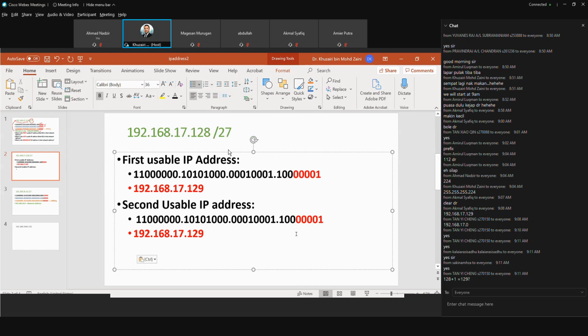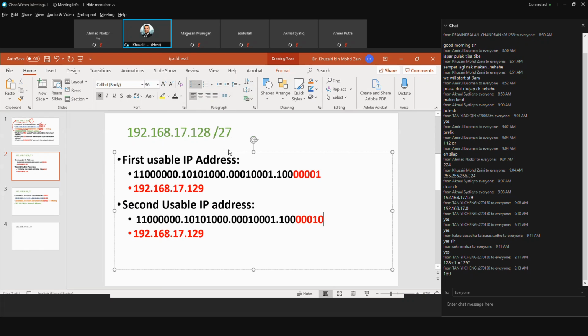Second usable IP address becomes 1, 0. Right? So it will become 128 plus 2, 130. Okay, right?